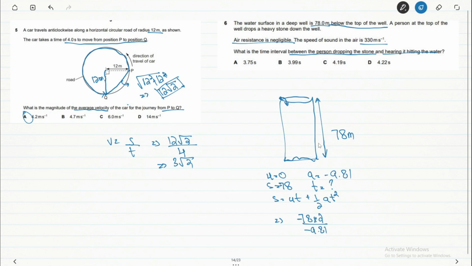We have to put this negative because it's a downward displacement and we've taken the downward direction to be negative. So we have to put this minus sign here, and this is all under root, equal to T squared under root, which cancels out. So let's just calculate this T in 1 second.